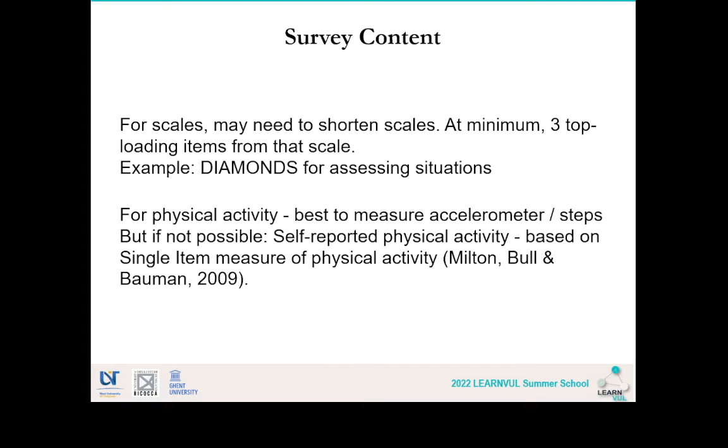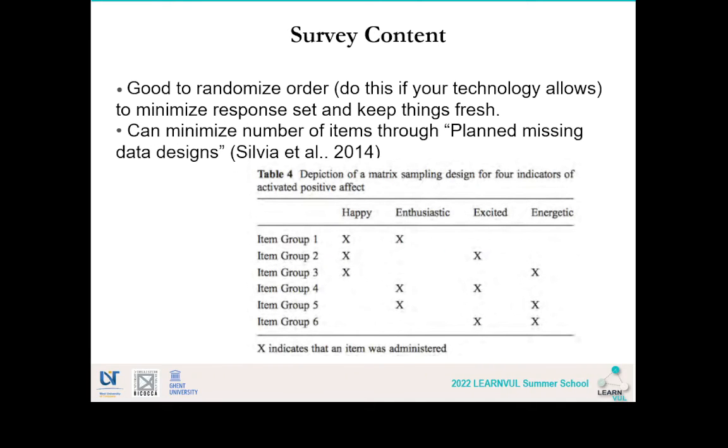Or if you can't do that, I would suggest using a single item. It has shown good validity. Although it's only one question, the full questionnaire is very long and costly for the participant to respond to, so we can't do that 5 times a day.